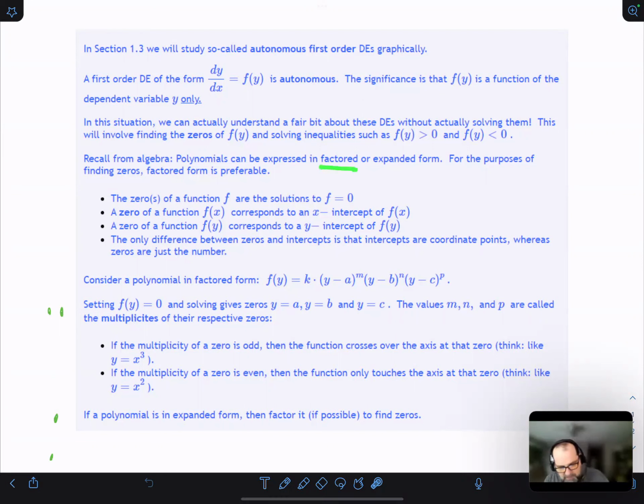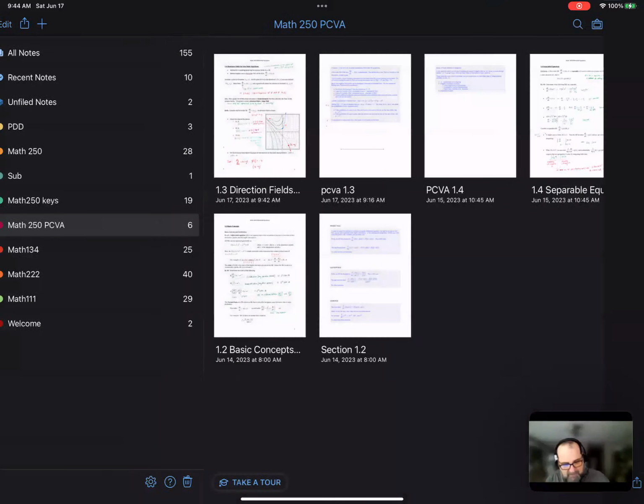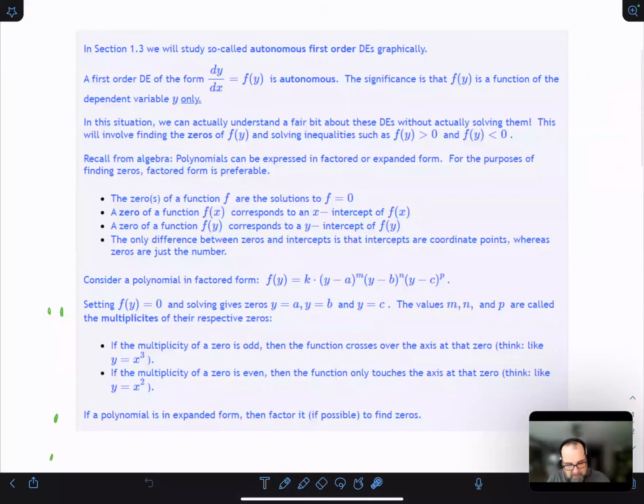Polynomials can be expressed either factored or expanded. For our purposes in this section, we like them factored. Factored form is preferable because in factored form, we can see where the zeros of the function are. So a little reminder here, a zero of a function is a place where the function's output equals 0. So the x value that causes the function to be 0 is called a zero of the function.